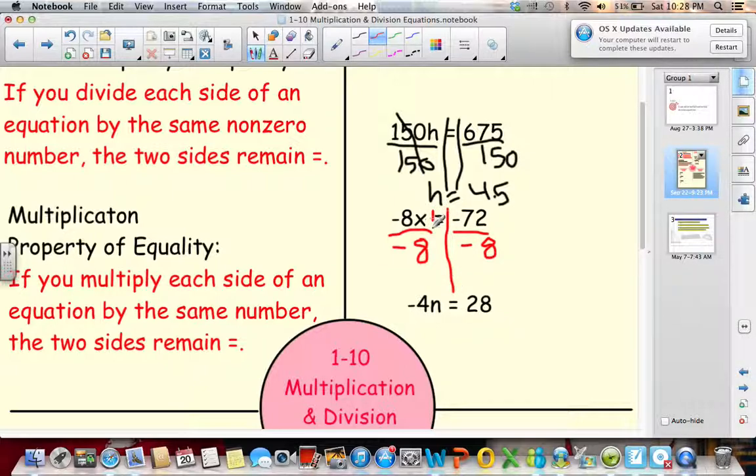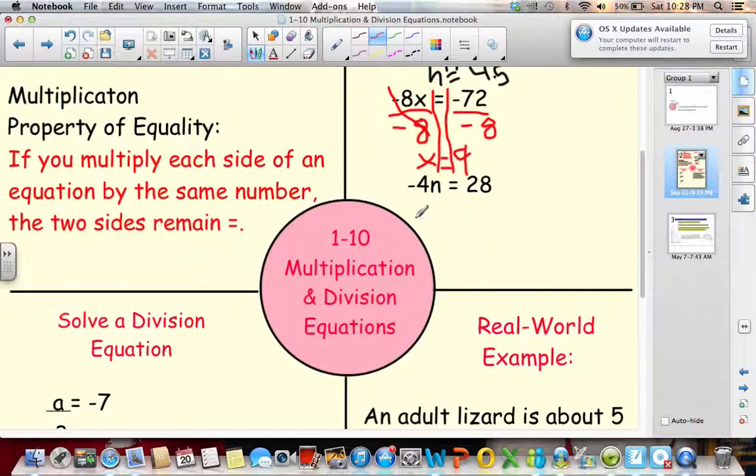Need to do my railroad tracks. And then we take negative 8. Negative 8 divided by negative 8 is 1. So we have x equals negative 72 divided by negative 8 is 9, because a negative divided by a negative is positive. 72 divided by 8 is 9. Okay?